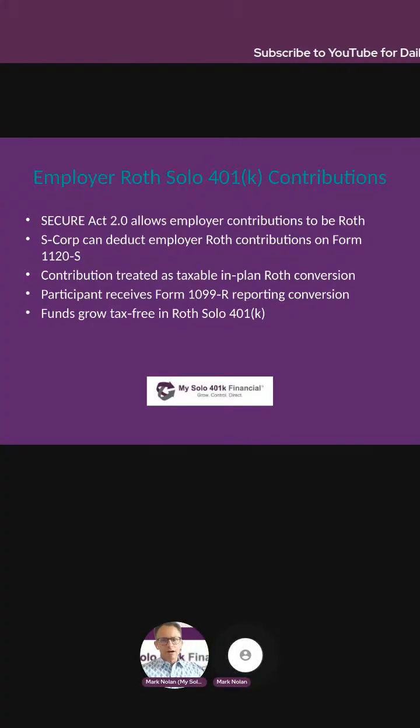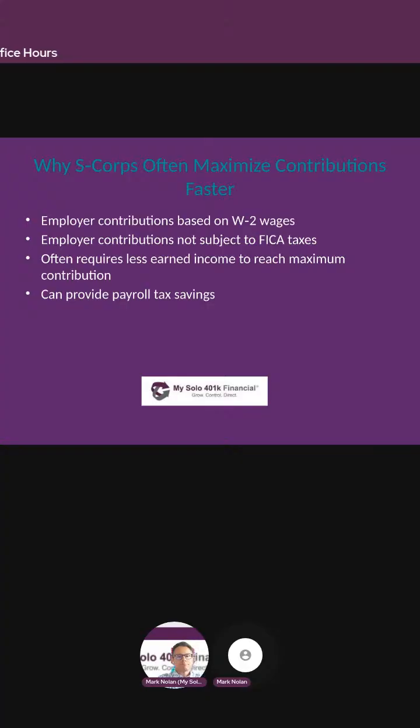Now let's talk a little bit more about why an S-Corp often allows higher contributions with less income. So in many situations, an S-Corp can be more efficient for maximizing solo 401k contributions versus a partnership or sole proprietorship business.